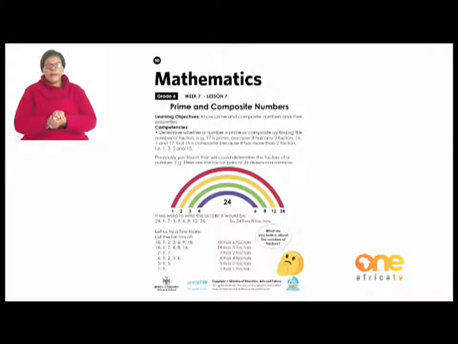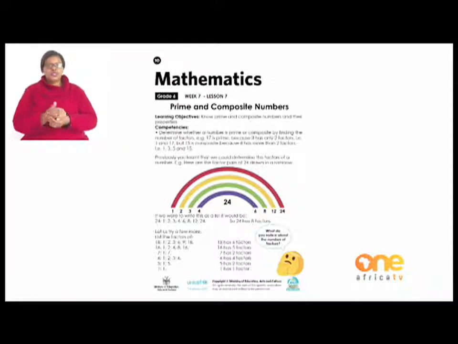And then we have 3 and 8. Multiplying those two will also give you 24. And lastly, we have 4 and 6, which are also factor pairs of 24. So, the numbers 1, 2, 3, 4, 6, 8, 12, and 24 are factors of 24.